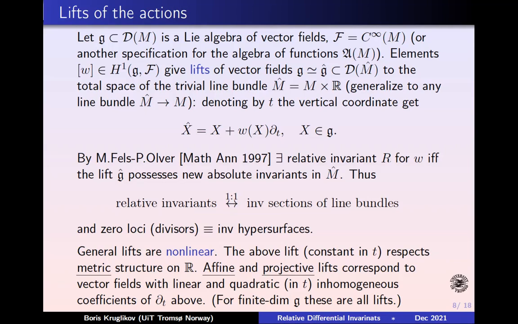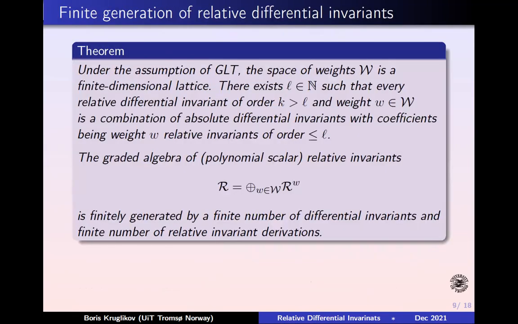Okay, so now that's maybe the main theorem. Under the same assumptions as the global Lie-Tresse theorem: algebraicity, reducible, transitive on the base, the space of weights is a finite dimensional lattice, right? Finite dimensional is one thing, lattice is the other thing.